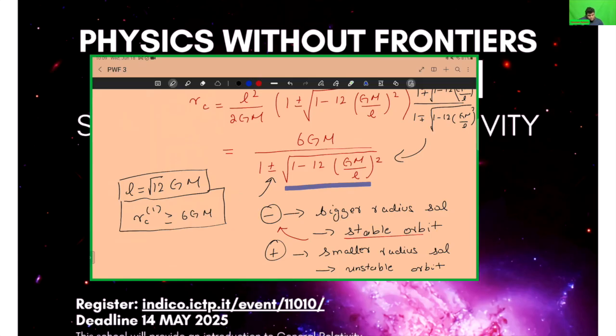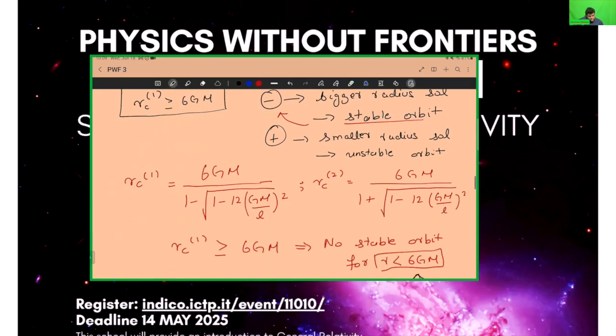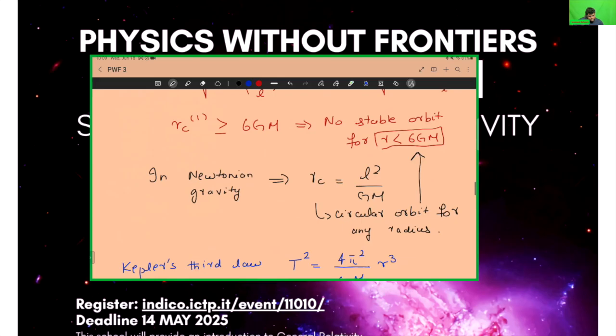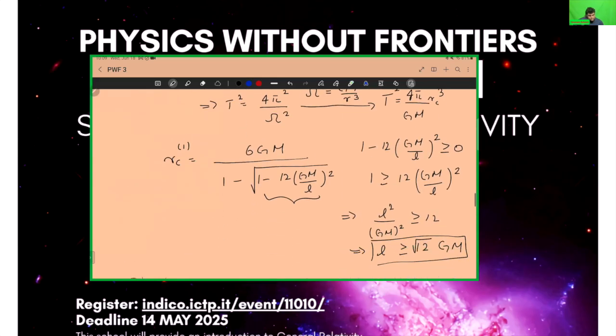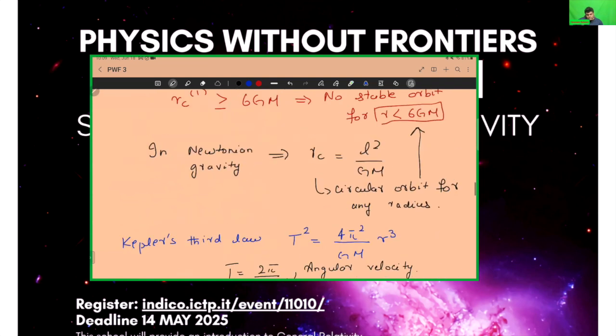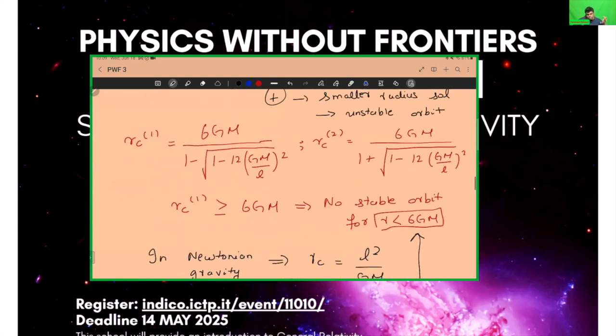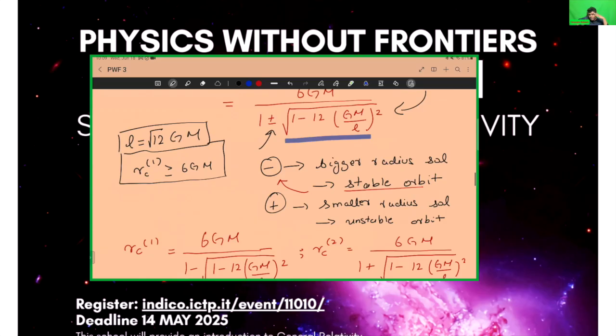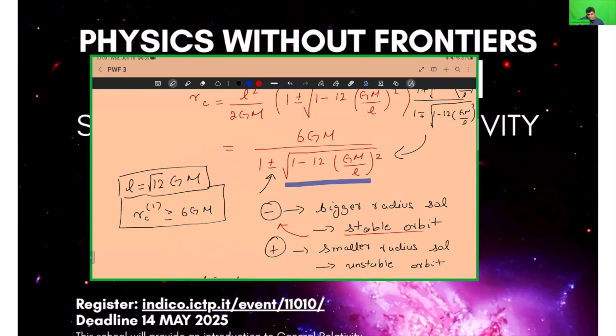I just told you some time ago that the angular momentum needs to be bigger than square root of 12 times GM. If it has a smaller angular momentum, then it has to go inside, right? So for these particles, it's not just about how close they are. It's also about how much angular momentum they have, and how much energy they have.